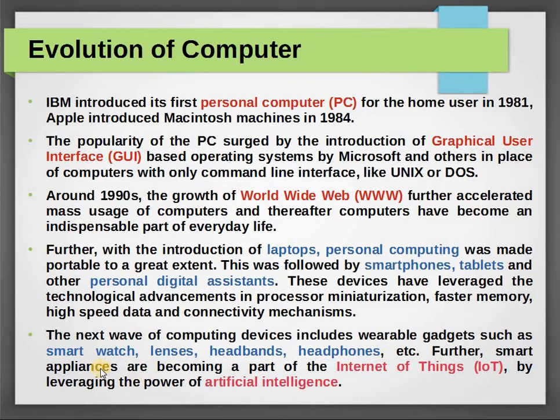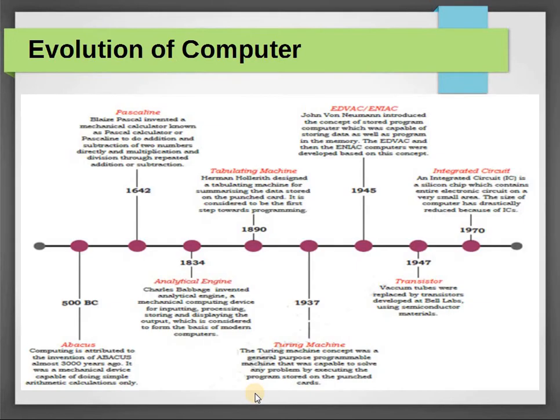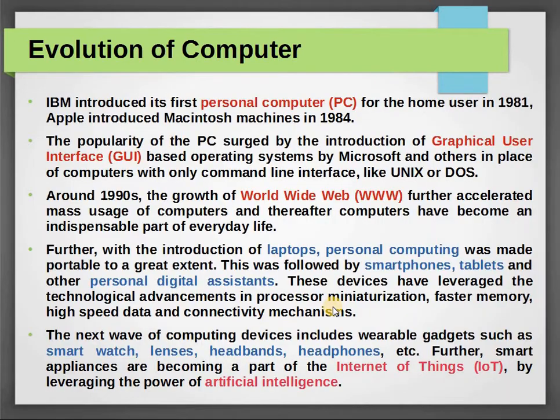Further, smart appliances are becoming part of the Internet of Things by leveraging the power of artificial intelligence. So this was the brief history of the computer, how from an abacus discovered in 500 BC up to now, in 2020, we have developed the computing device from such a large size to wearable gadgets.